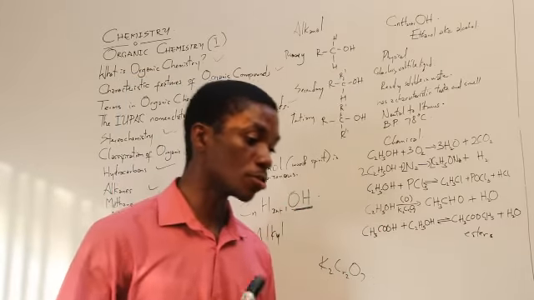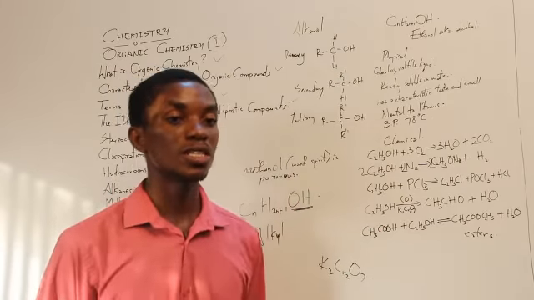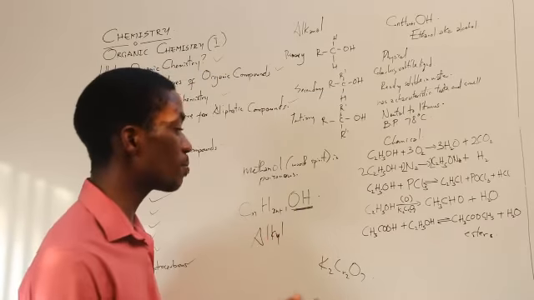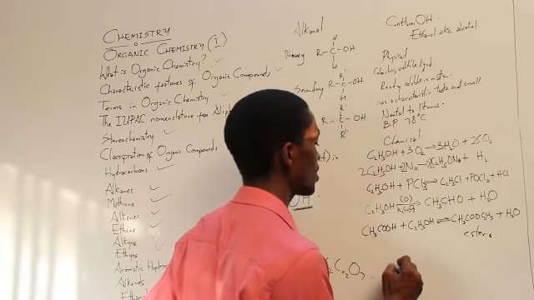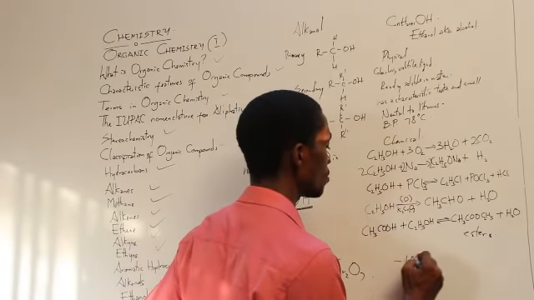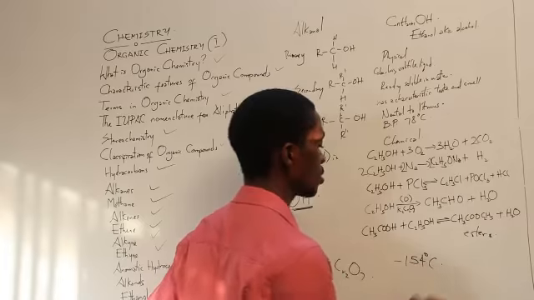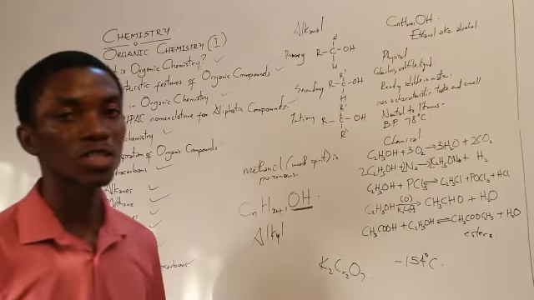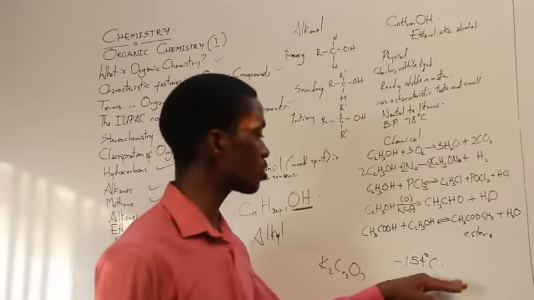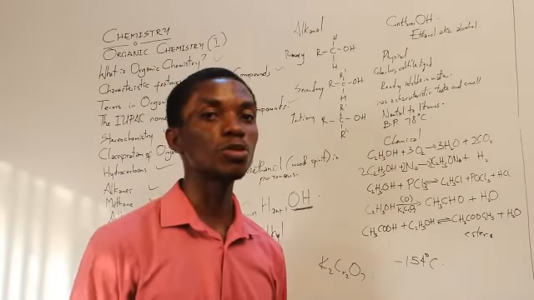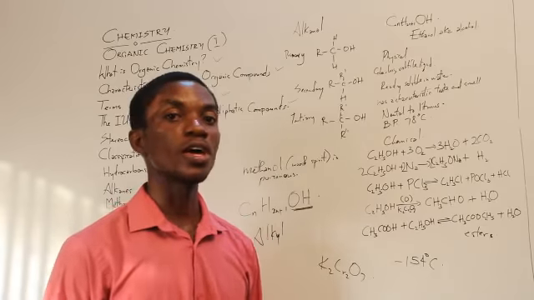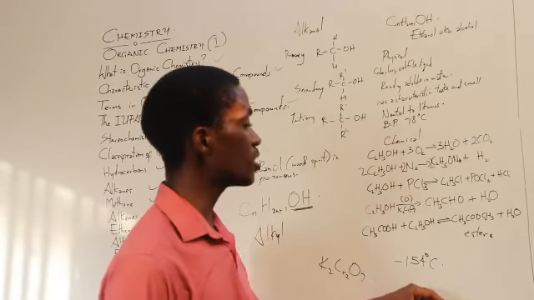They are used in vehicles, especially engines, since the freezing point of alkanols, ethanol specifically, is about minus 154 degrees Celsius. It will not freeze until this point. So it can prevent freezing of your petroleum products in your engine. So they are used as anti-freezing agents.